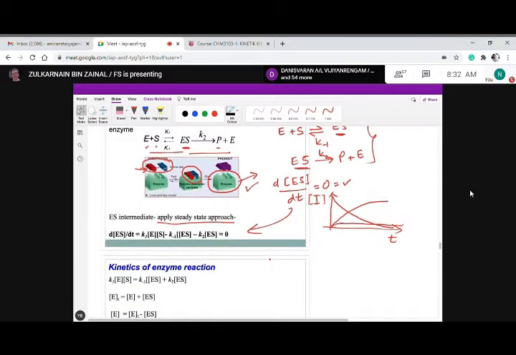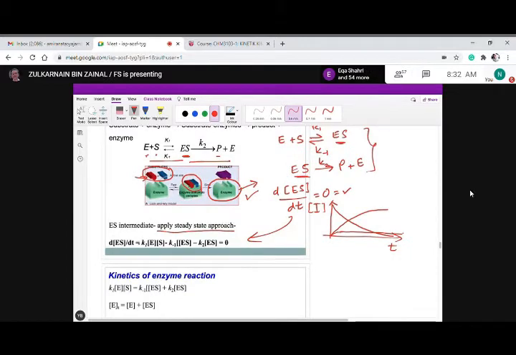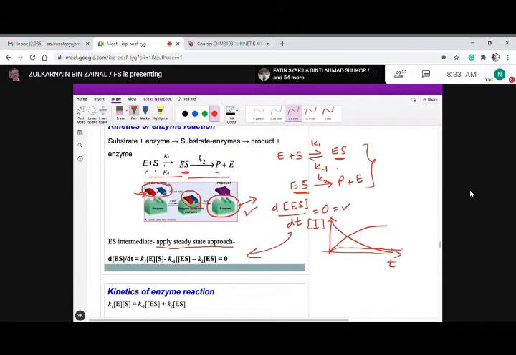Okay, so for that matter, dES/dt, as we have seen earlier, is equal to k1 times E times S. So you have got to look for the reactions that involve enzyme, the first forward reaction which involves the enzyme, where the reactant is E and S. And then the backward reaction, from ES to E plus S, with k minus 1 as the rate constant, right?